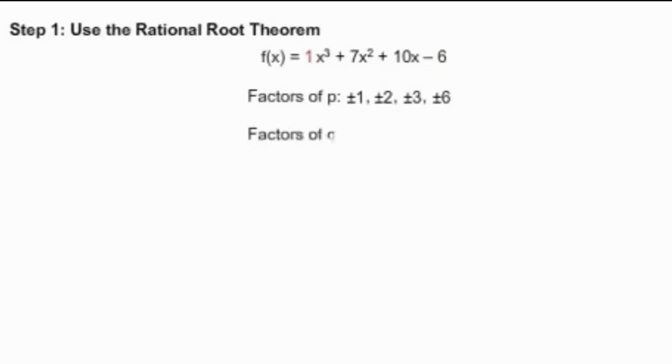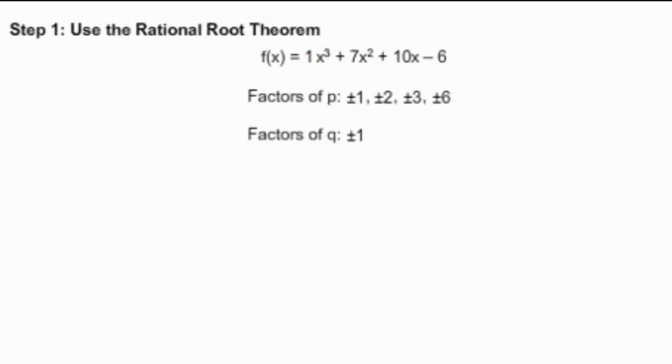The first step is to determine the possible rational zeros of the function. You can do this by applying the rational root theorem. For this function, the p-value is the constant term negative 6. The factors of negative 6 are plus or minus 1, plus or minus 2, plus or minus 3, and plus or minus 6. The q value is the leading coefficient of 1. 1 is divisible only by itself and negative 1.